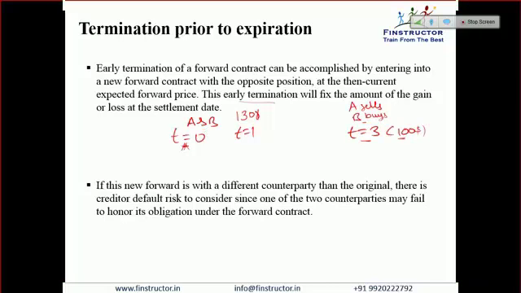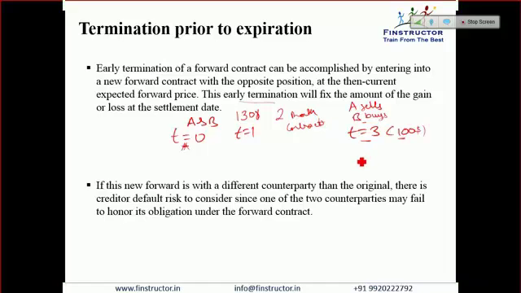A can exit this contract by entering into a new forward contract with the opposite position at the current expected forward price. So today, let's assume contracts are happening between counterparties for a 2-month contract. At, let's assume, $140.